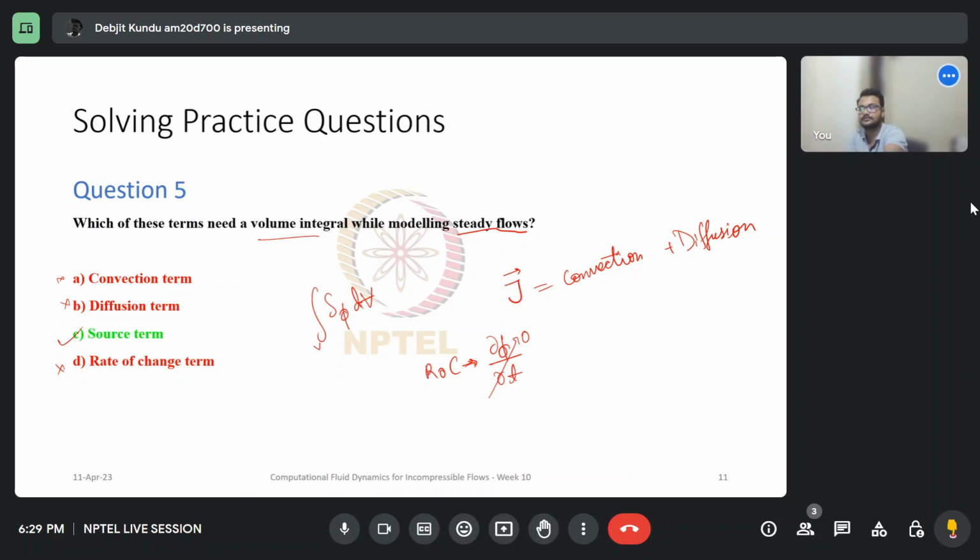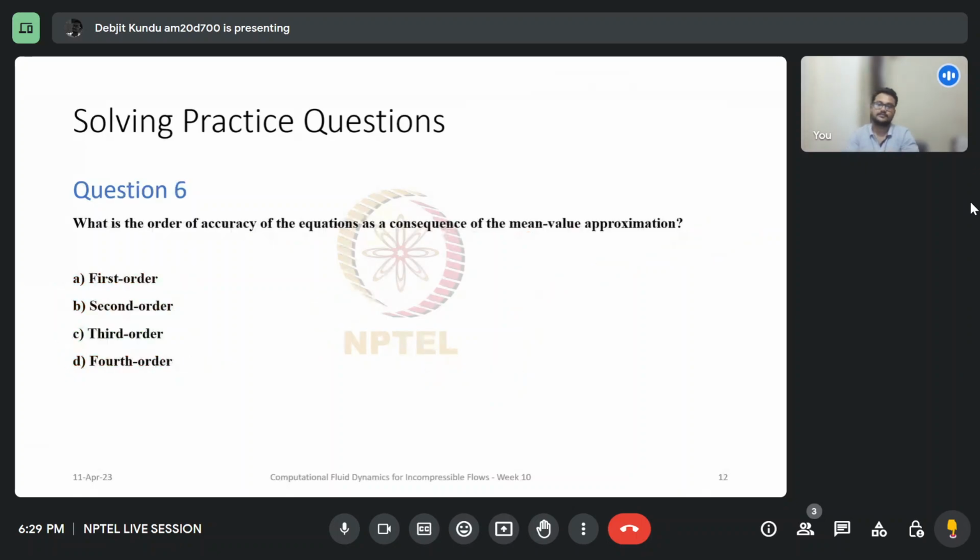Simple. We will move on to question number 6 of today's session, which asks what is the order of accuracy of the equations as a consequence of the mean value approximation. We make an assumption known as mean value approximation, which says that the integral of any quantity over the volume is equal to the mean value times the volume itself.